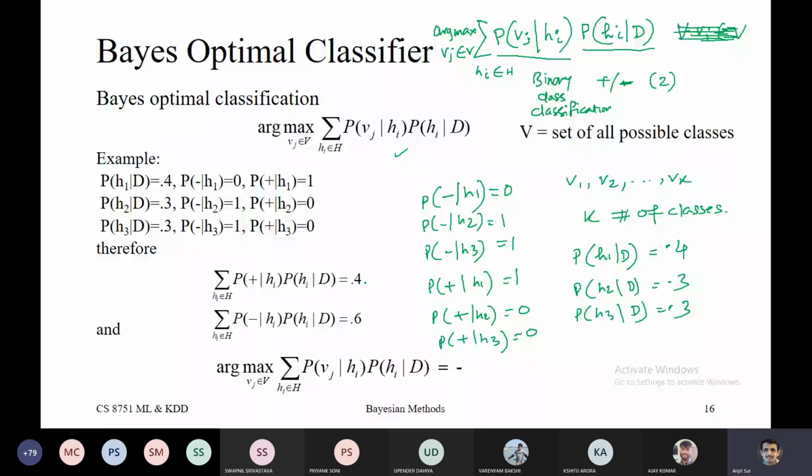So this is your optimal, the maximum because of argmax, so it will be negative. If you have any questions up to this, please ask.